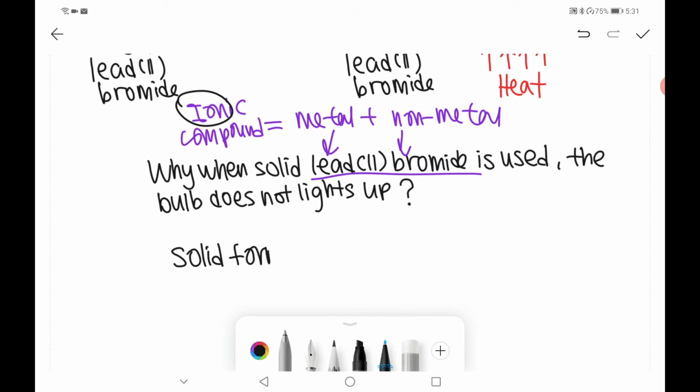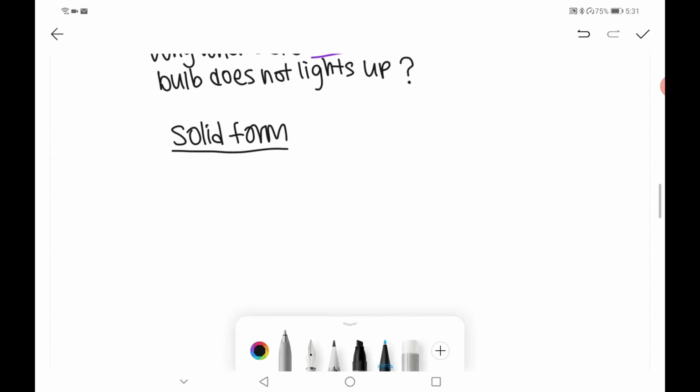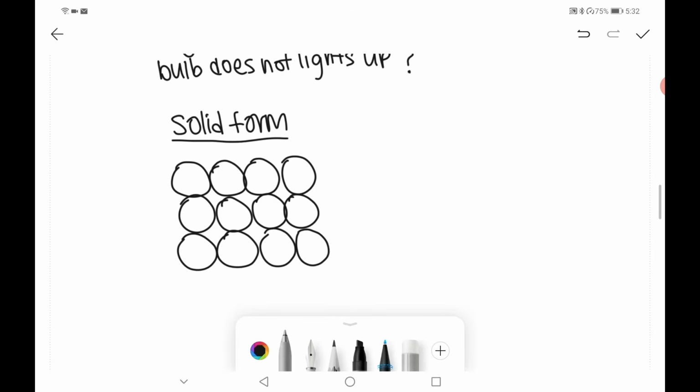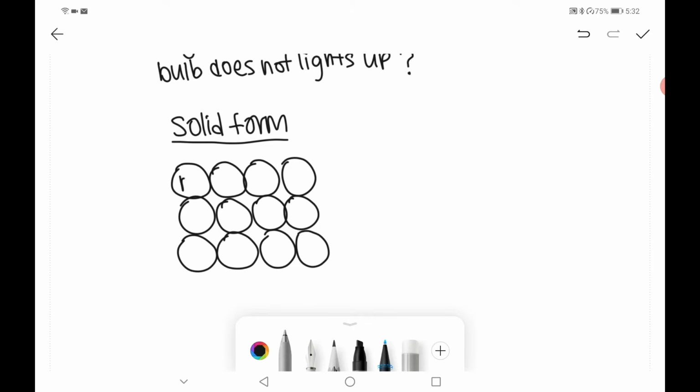I want you to see a diagram like this. How do we draw a solid? In a solid, we have particles closely packed like this. All the particles are very close to each other. Let's say this is Pb2+, this one is Br-, this is Pb2+, this is Br-, and so on.